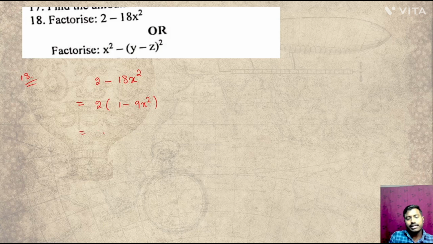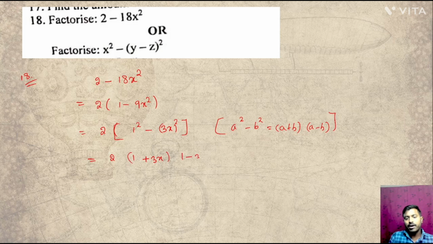Now write it using identity 3: 2 into (1 square minus (3x) square). The formula by identity 3 is a square minus b square equals (a plus b) into (a minus b). So it is 2 into (1 plus 3x) into (1 minus 3x). Clear? Next question.